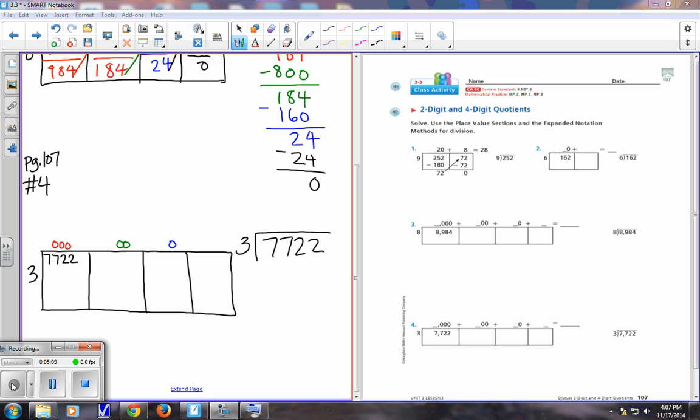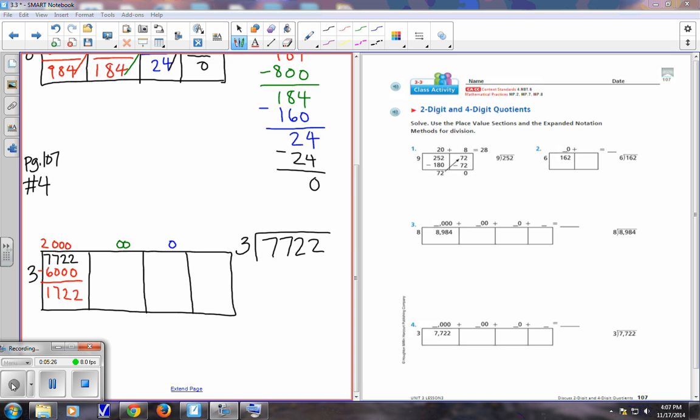So if I'm looking at how many threes fit into 7, I know that that's 2. And 2,000 times 3 is 6,000. So I'm going to subtract that out. 1,722.